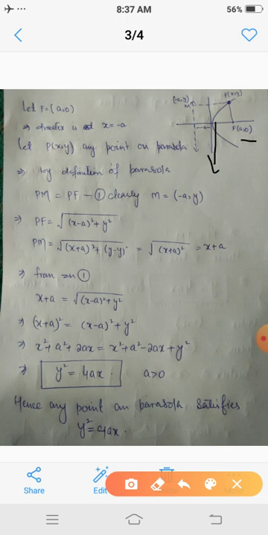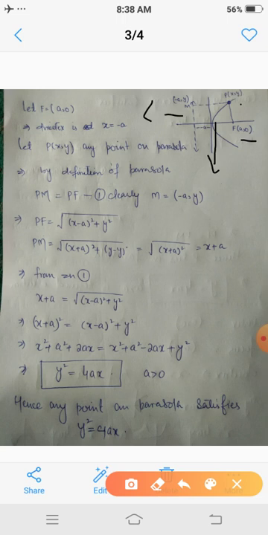This means that the directrix of this parabola is at a distance of a units from the origin, on the left side of the origin, which implies that we have to take x equals minus a as the directrix. Now let P(x, y) be any point on the parabola, that is this point. So by the definition of this parabola, PM equals PF.